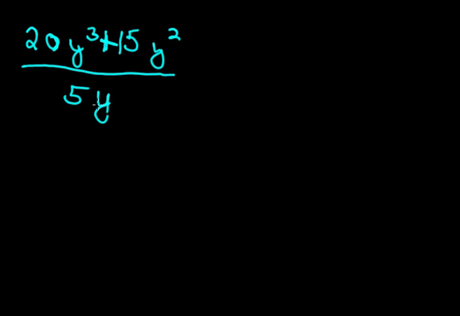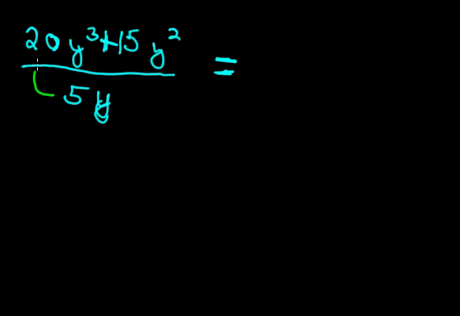What people will do is they'll divide each term by 5y. Well, that is saying the same thing as breaking it into two terms like I did earlier, but people will sometimes do that in one step. So there is one writing step, two mental steps.